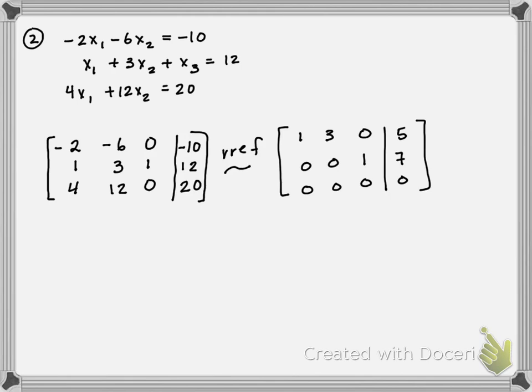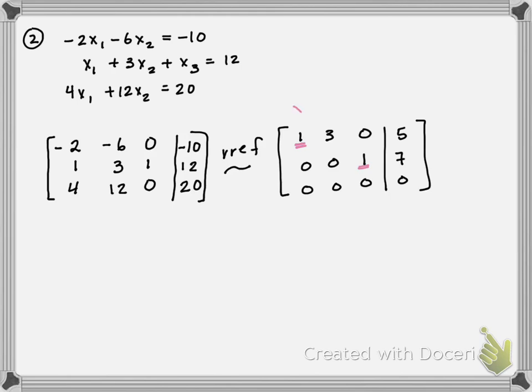If we go from left to right in each row, we look for the first non-zero entry, the leading 1, which we sometimes call a pivot. In the second row, we have 0, 0, and then the first number is 1.